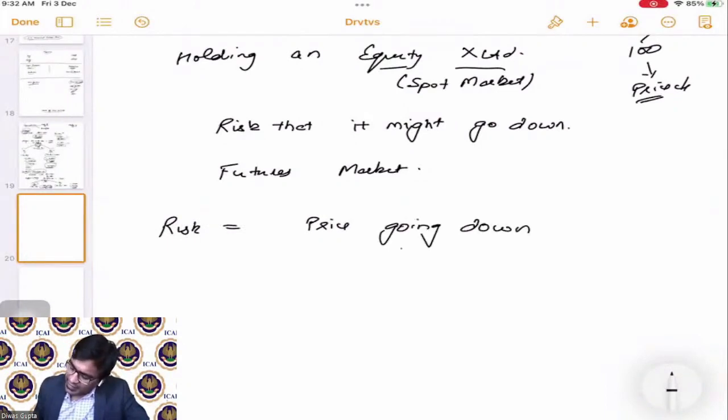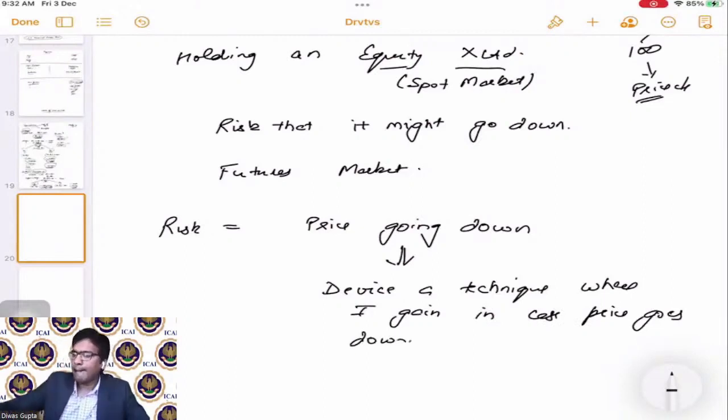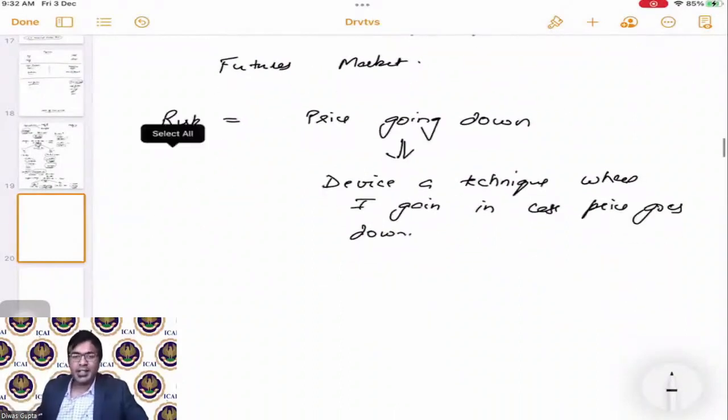Now I have to devise a technique where I gain in case the price goes down. What is the risk? Risk is that price is going down. So I have to devise a technique in which if price goes down, I gain. So how can we do that in futures market?